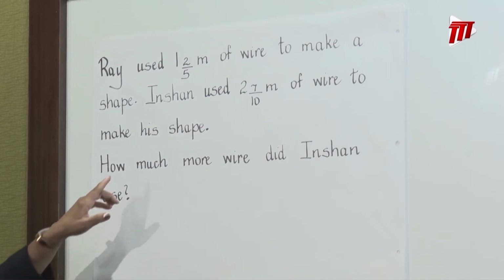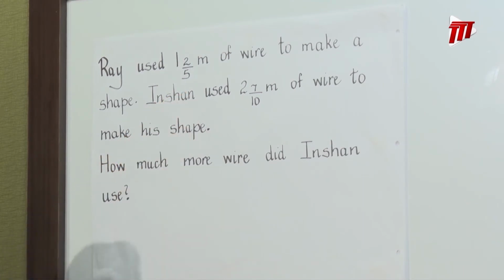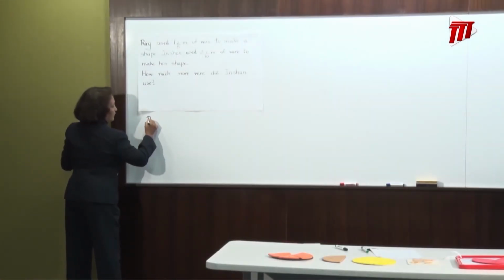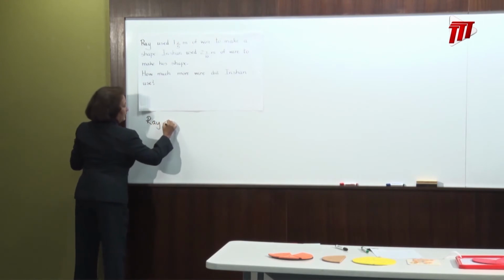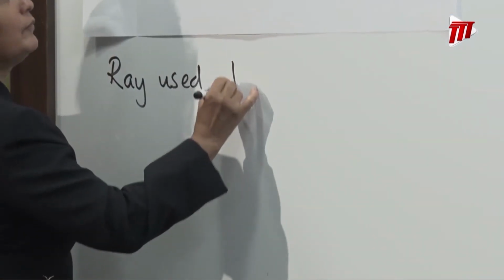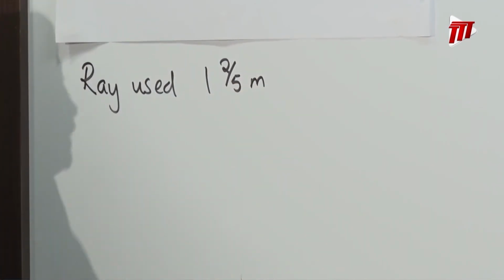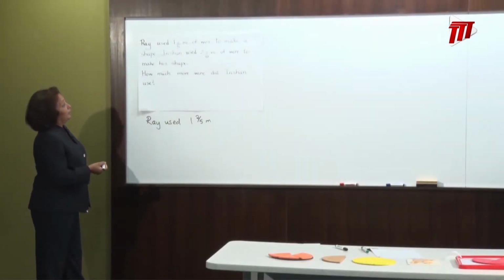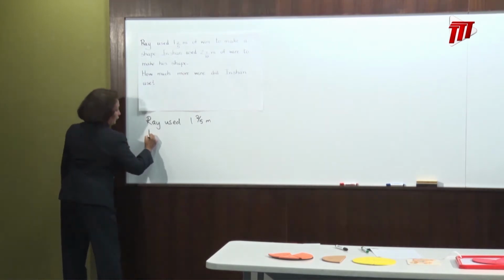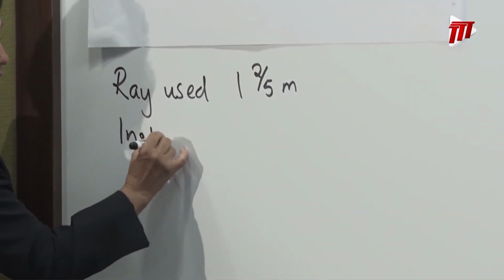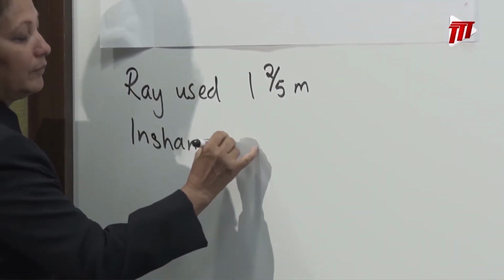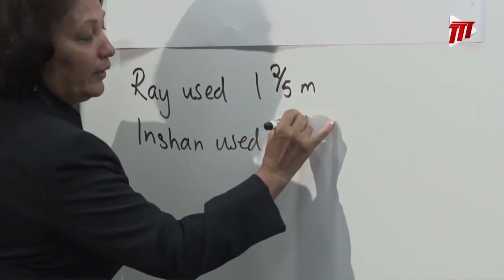Ray used 1 2/5, and Anjani used a little more wire. So Anjani used 2 7/10.